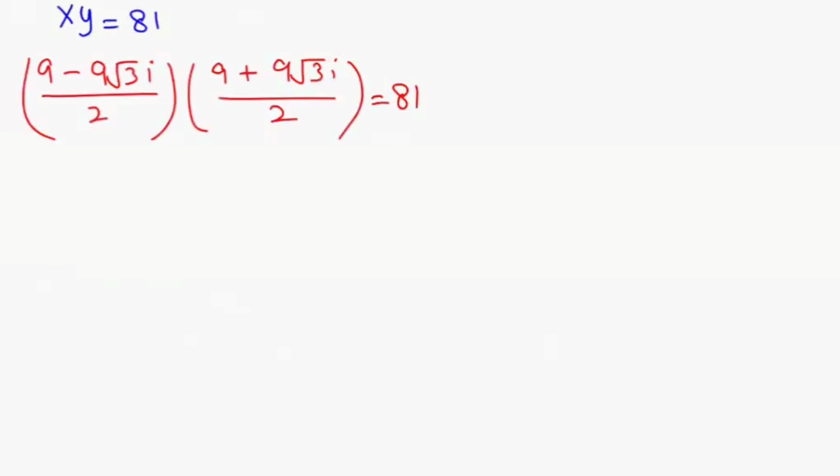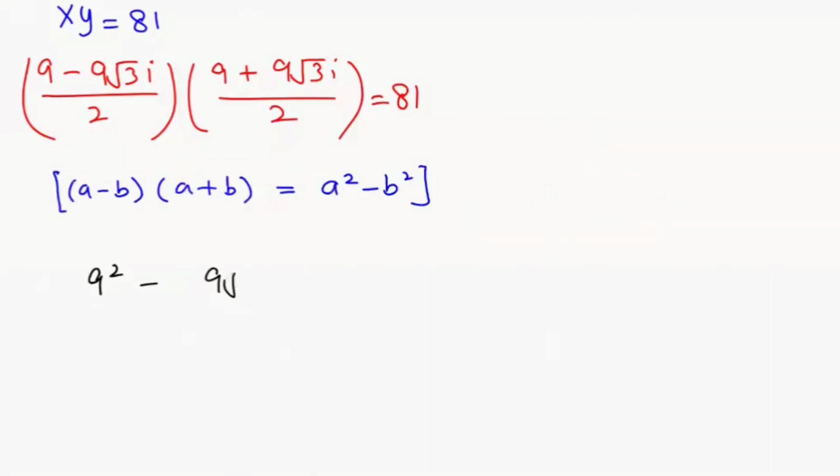Now I'm going to apply the algebraic identity, that (a minus b)(a plus b) can be written as a square minus b square. So this equation turns to 9 square minus (9 root of 3 iota) whole to the power of 2, over 4 as it is multiplied, is equal to 81.